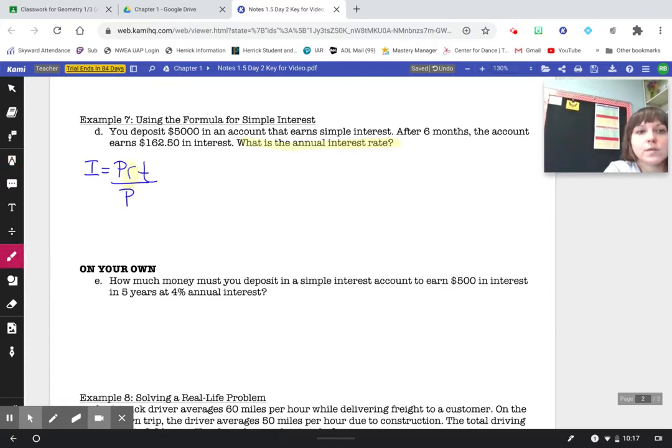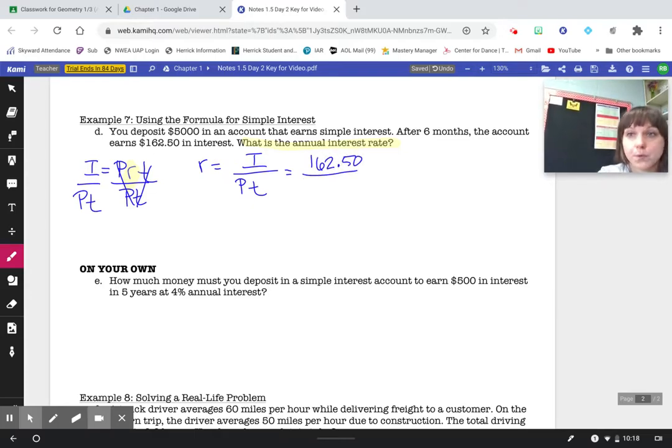I'm going to divide both sides by principal times time. And that gives me my interest rate is equal to the interest earned divided by principal times time. So let's plug in the information we have. The interest earned was $162.50. We'll divide that by the principal amount we put in, which was $5,000, multiplied by time.